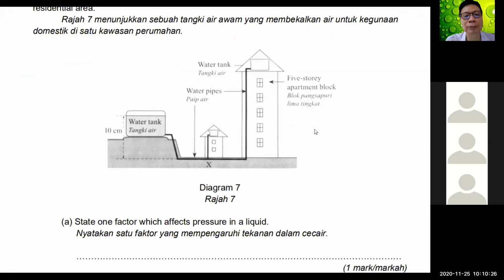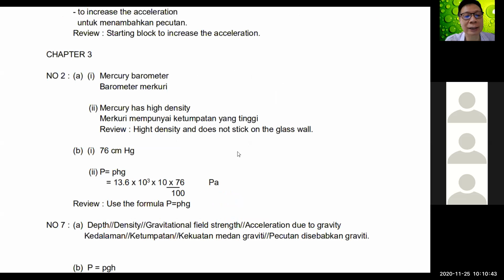Besides depth, what else? Density. Yes, correct. New said density. Chan Yi-Chin said density. Chan Yi-Chin gave two answers, depth and density. Both answers can be accepted. So you see the answer, depth.